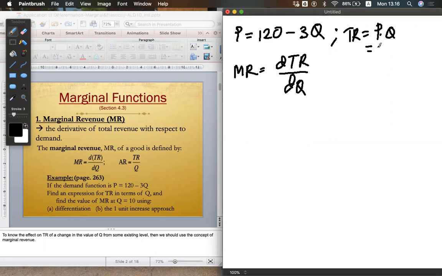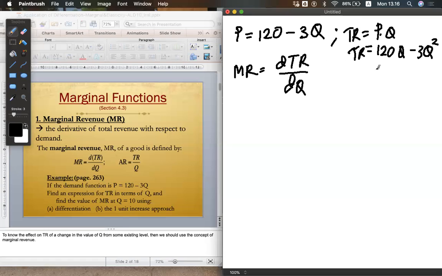120 times Q, 120Q minus 3Q squared. So this is the TR. Wait a minute, this is not clear. TR.